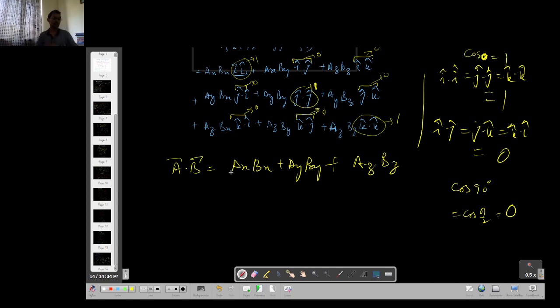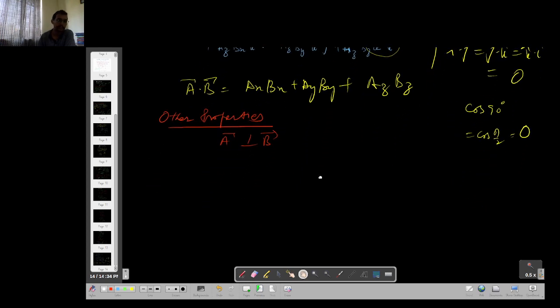And let me talk about another property. If A and B are perpendicular, meaning A is perpendicular to B, what does it mean? If they are perpendicular, then we can say that A dot B is equal to mod A, mod B and cosine of angle 90 degrees, because they are perpendicular.